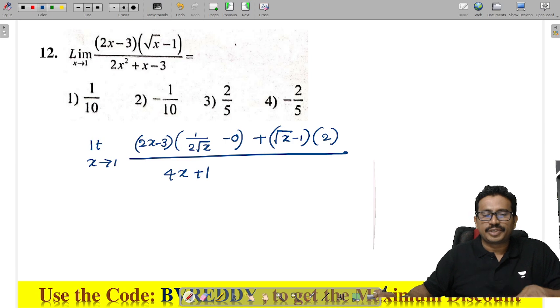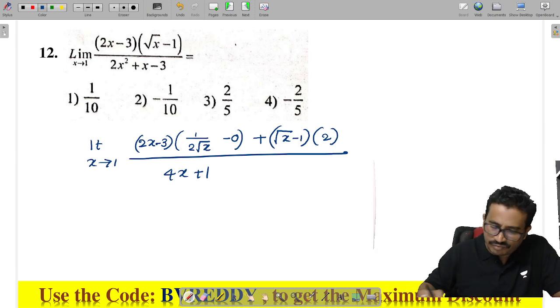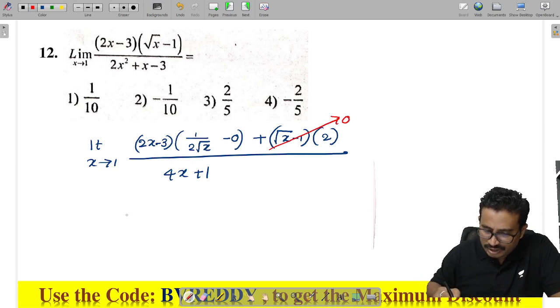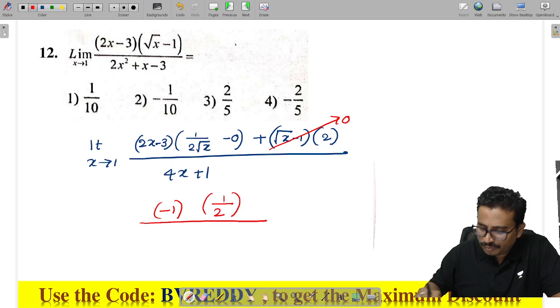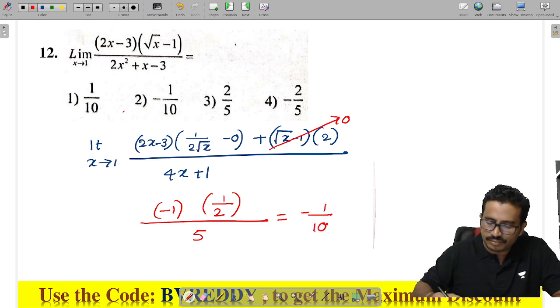Now if I substitute x equal to 1, this term will become 0. So this is 2 minus 1, that is minus 1 into 1 by 2, by 4 plus 1, that is 5. So what I will get now, minus 1 by 10.